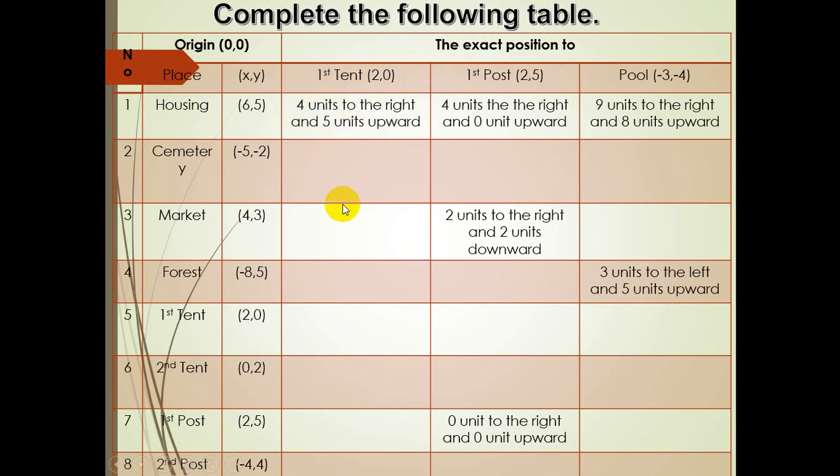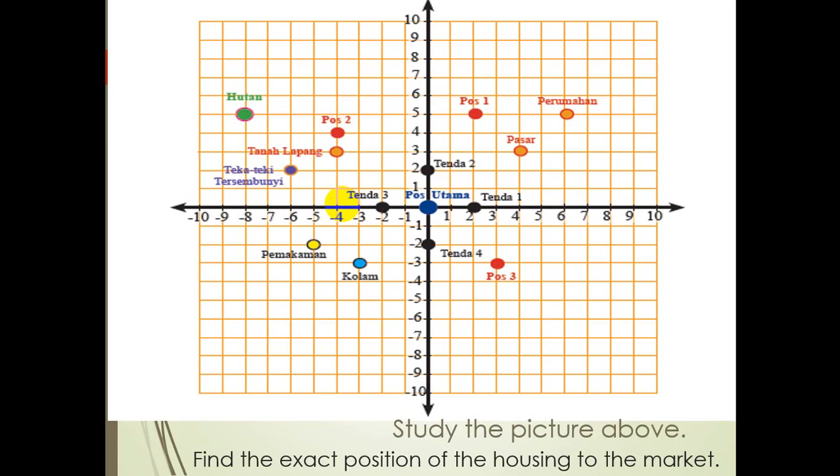Take a look at the previous slide. 4 units to the right and 5 units upward between the first tent and the housing. Which one is the first tent?